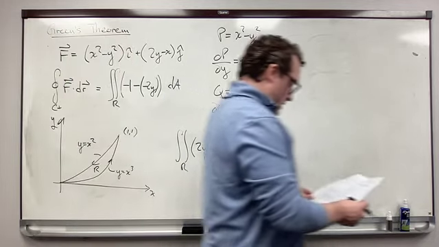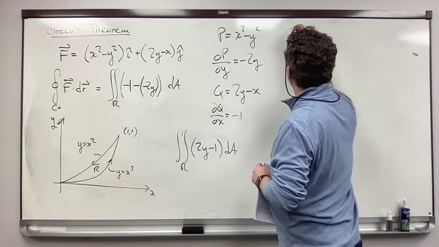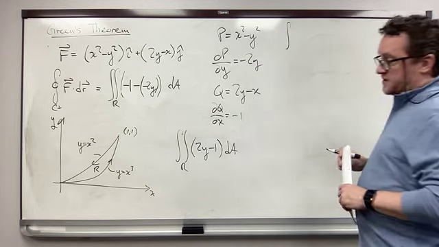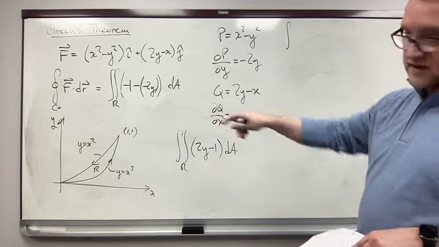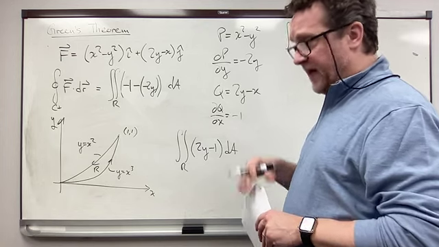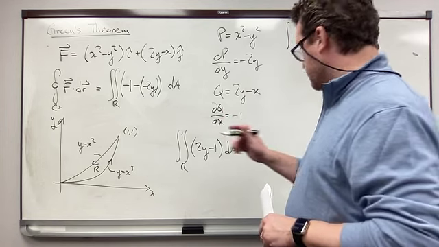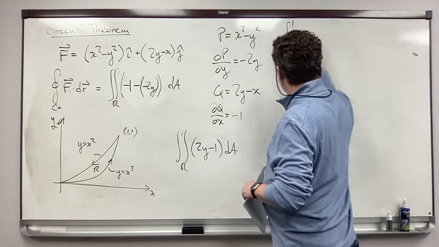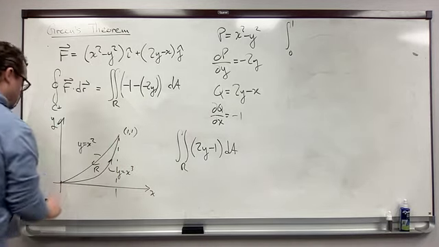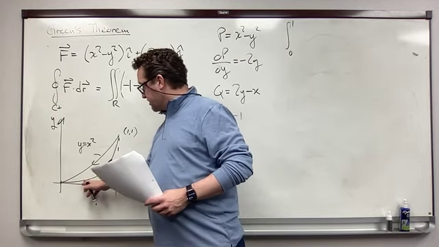Doing this integral, like usual, we just have to figure out our limits of integration. I'm going to integrate over y first to get rid of y in favor of x, and then we'll finish off with x. So x goes from 0 to 1, because this is the limit 1 here, starts at 0, and y goes always from x cubed to x squared.